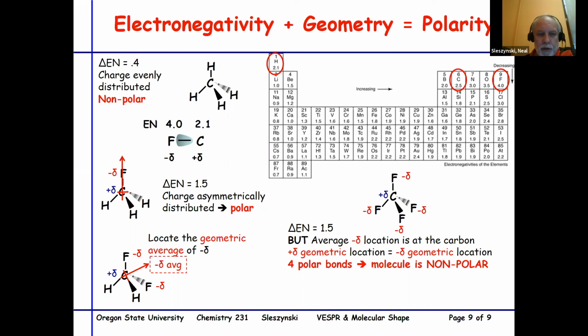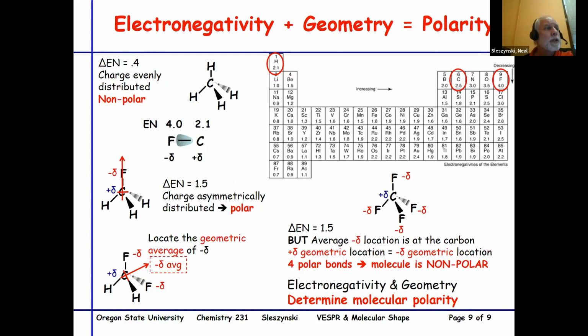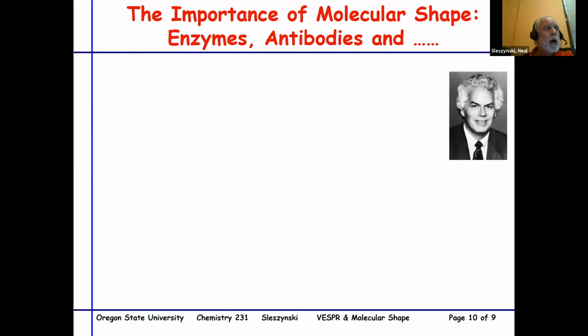Okay, so why would this be important, and why does a concept like this potentially affect some diseases we would be interested in? Well, the importance of molecular shape in biological systems is shown by things like enzymes and antibodies, which recognize their targets based on molecular shape.